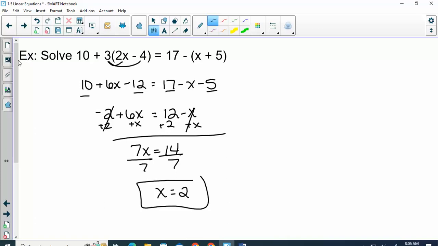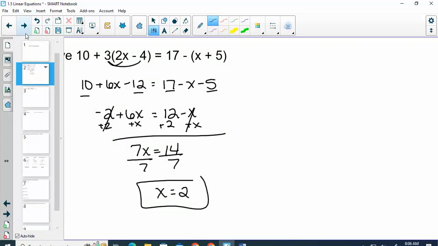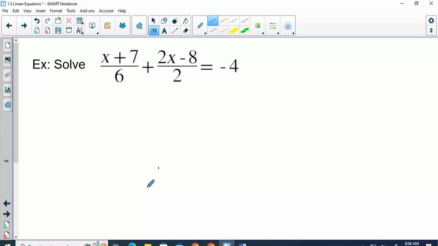What about this? There's a couple different options for solving this equation. What are your thoughts? What could I do? Okay, we could get a common denominator for everything.